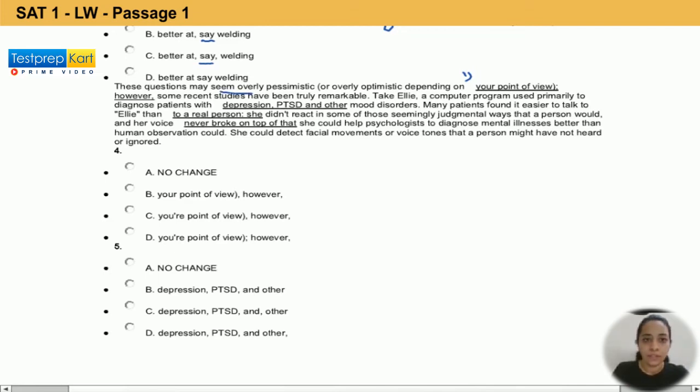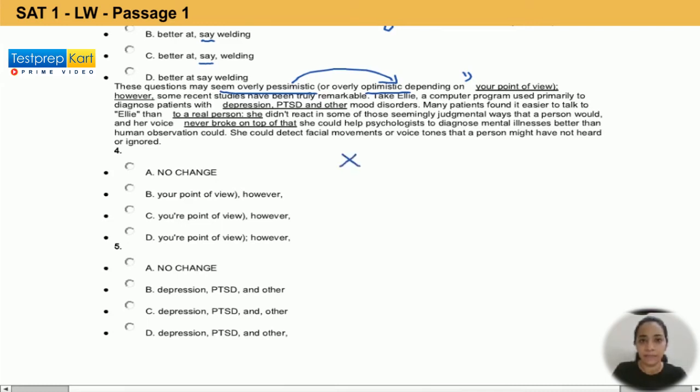It talks about it seems overly pessimist, and you're giving the second idea that either pessimist or optimist, depending upon your point of view. And then we have a semicolon here. And then we have, however, some research studies have been duly remarkable. So again, if we see the structure, the questions may seem overly pessimist.